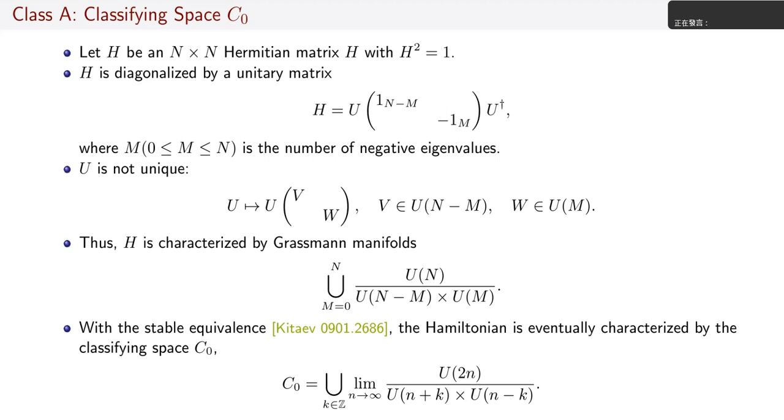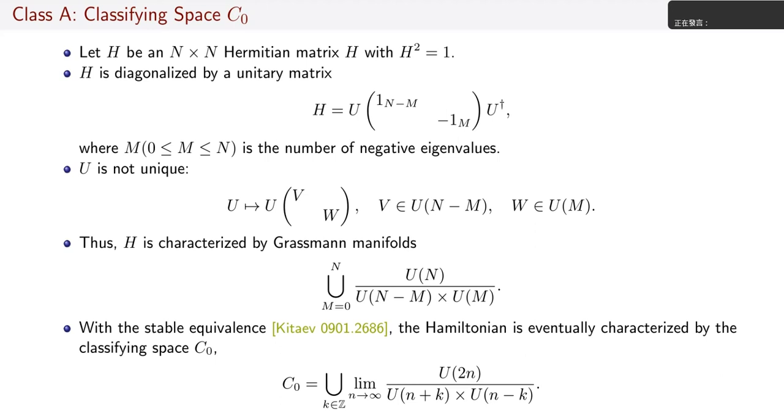It is diagonalized by a unitary matrix U, and because this U is not unique, and also the number of positive eigenvalues can be an arbitrary integer from 0 to n, the Hamiltonian H is characterized by the union of Grassmann manifolds like this. And by using stable equivalence, eventually the Hamiltonian is characterized by the so-called classifying space. It's essentially the union, but this large n can be infinite.